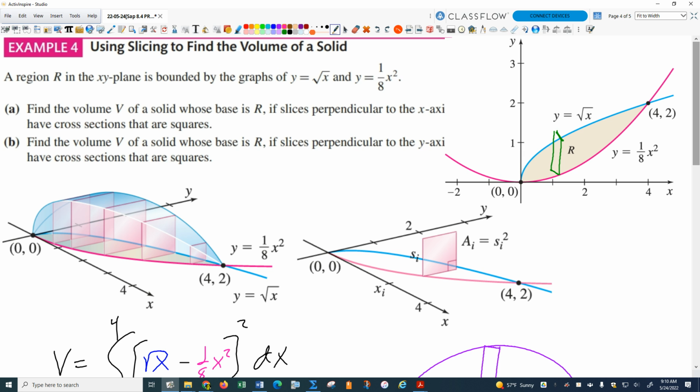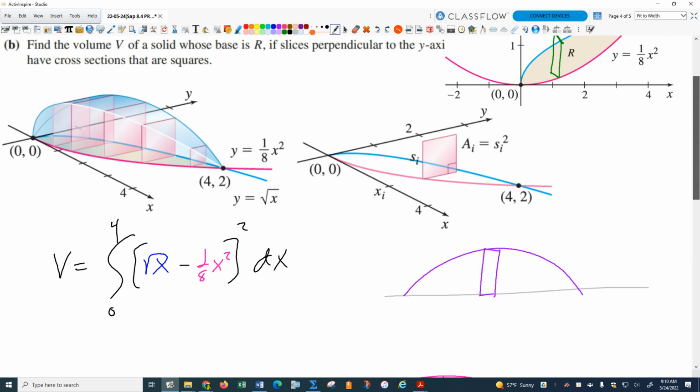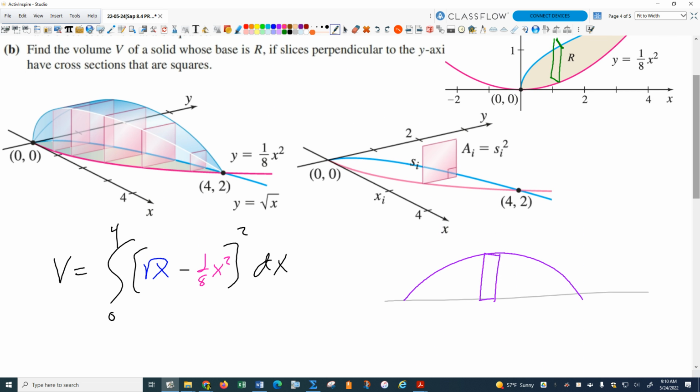What about part B? What if we wanted to slice perpendicular to the y-axis, having cross-sections that are squares? Now that's going to be a different animal, isn't it? Right? See what that's going to look like.